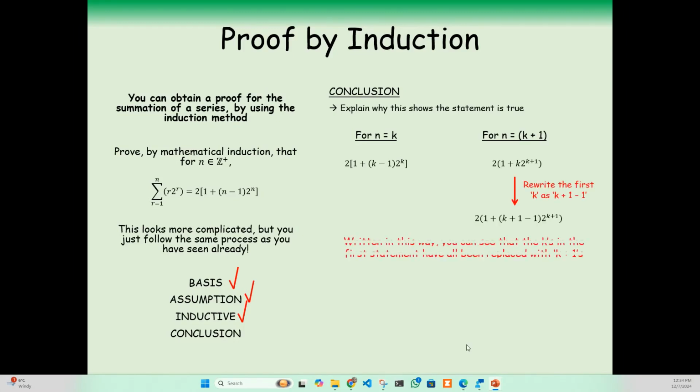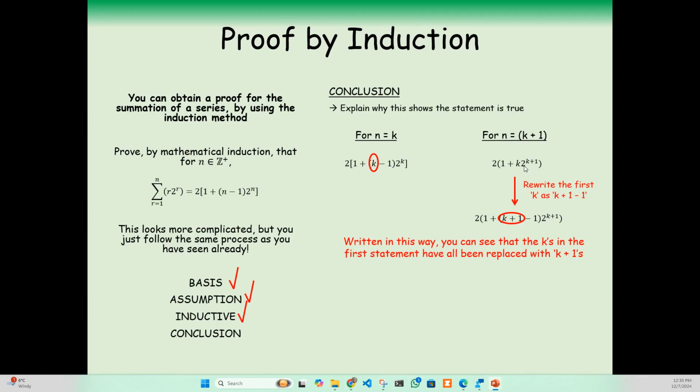We can rewrite this as k plus 1 minus 1. And that plus 1 is just to show that we went one step ahead in this formula. So this is actually the same format that we needed to get from the right hand side, and we found that carefully. So this k turned into k plus 1, and the minus 1 simply follows it.